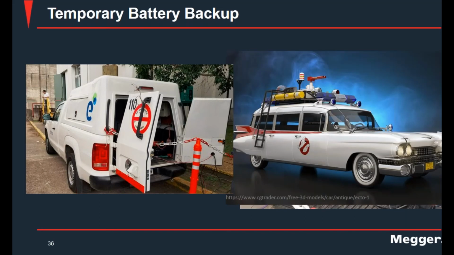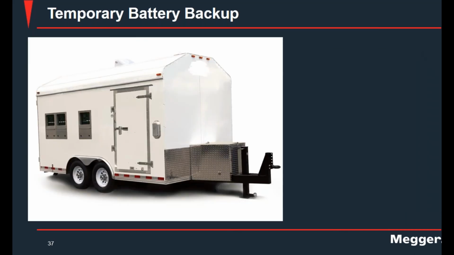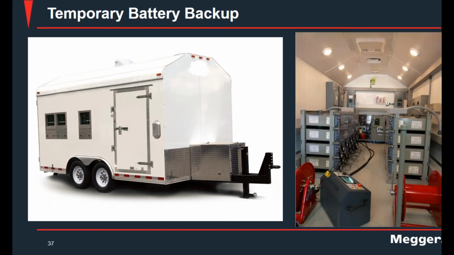And well, you also have a temporary solution that is more industrialized, more professional. This is a trailer, and when you open the back doors of the trailer, you see this inside. So it has all of the safety considerations. It has gas monitoring, hydrogen monitoring devices. It has actually two banks here, one of 130 and one of 48 volts.